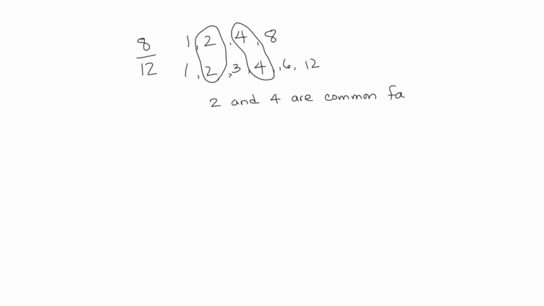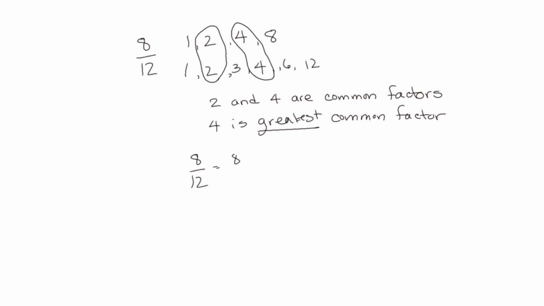So we could divide 8 and 12 by both 2 and 4, but 4 is the greatest common factor. So again, if our goal is to get to the simplest form as quickly as possible, we want to divide by the greatest common factor.